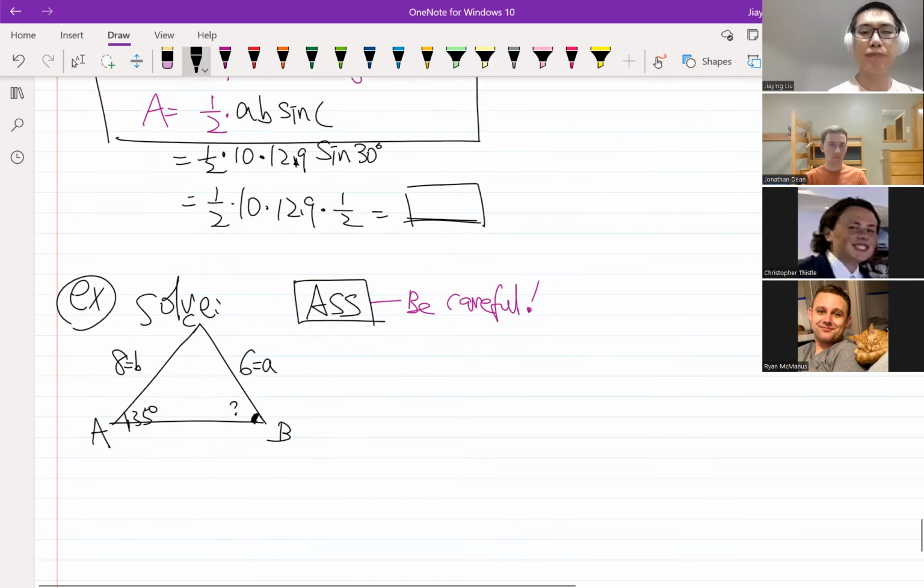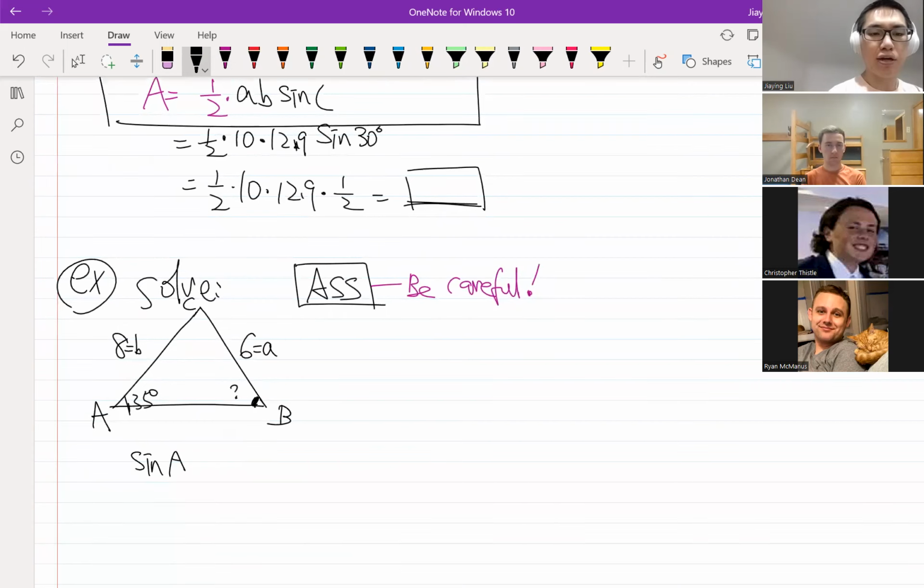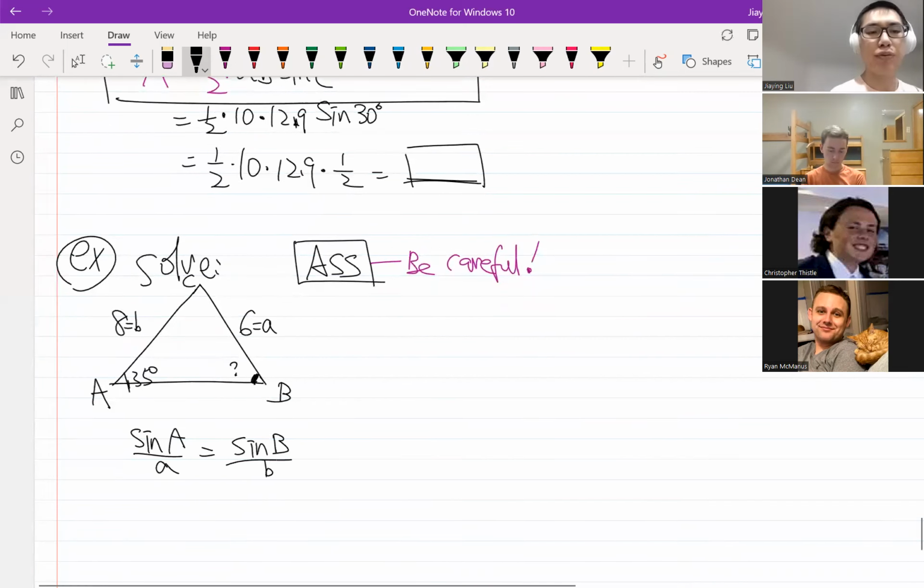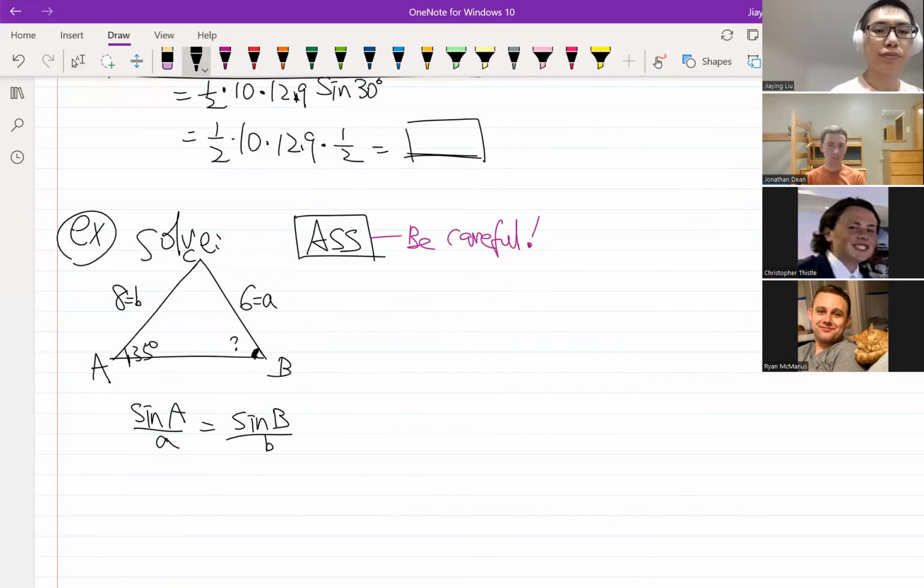We begin with sine A over a equals sine angle B over lowercase b. So let's plug in what we know. Sine A is sine 35 degrees over lowercase a, which is 6. That equals sine B over lowercase b, which is 8.